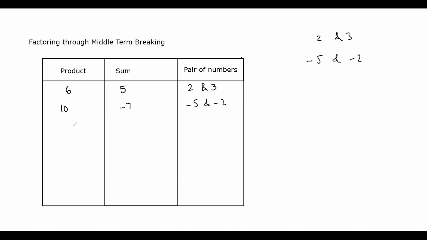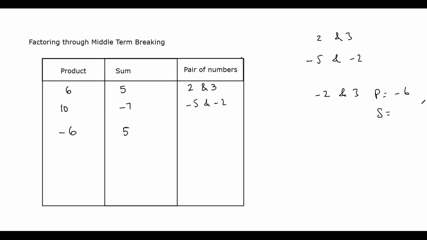Now, what if you have to have a product of minus 6 and the sum has to be 5? Now the product has to be minus 6 and the sum has to be 5. Yes. So minus 2 multiplied by 3. You are quite rightly saying this because the product is minus 6. But what about the sum? What is the sum right now?